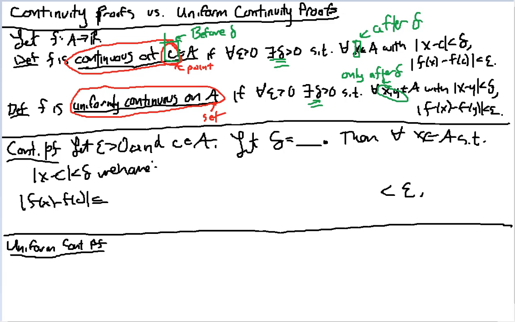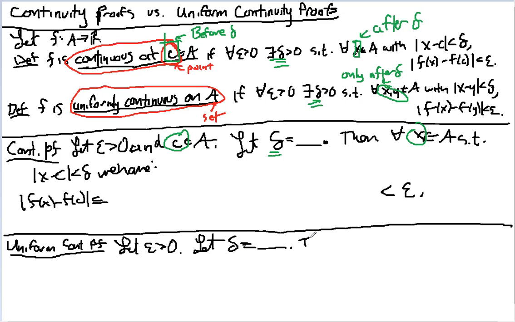So the key thing, once again, is that here you have one c before delta, and here you have an x after delta. Let's look at uniform continuity. Just say let epsilon be bigger than 0. I'm not going to define a c because I need to define delta first. Then you might say let delta equal whatever you let it equal to make it work.